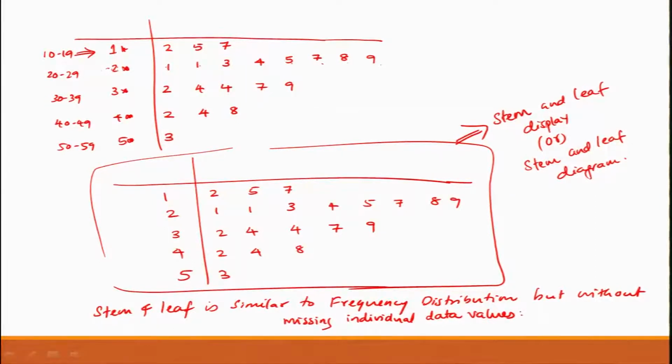It will be tricky for us to do the relative frequency and cumulative frequency and those kind of things, because you have to then again count these values. It could be confusing. So, people only draw up to this much.